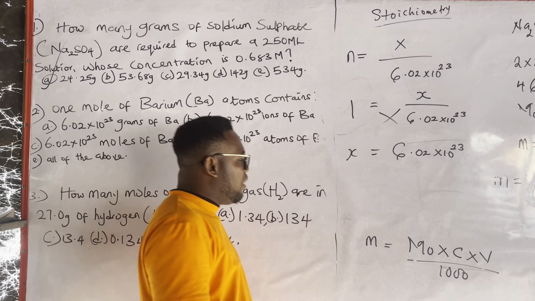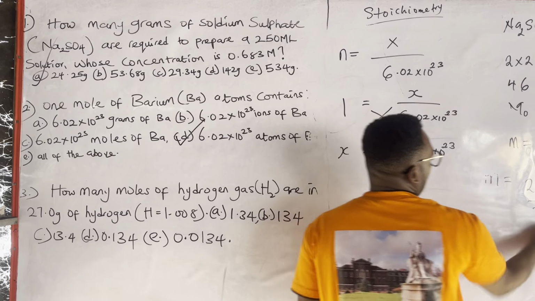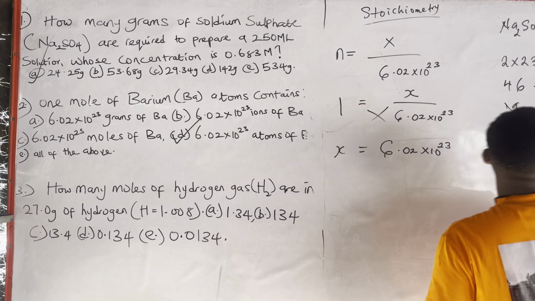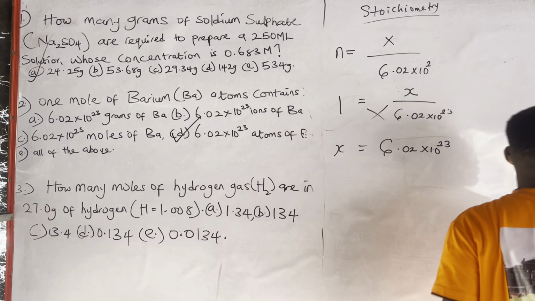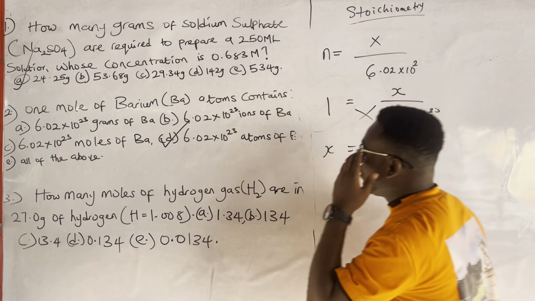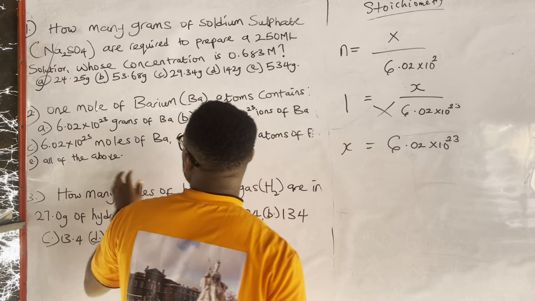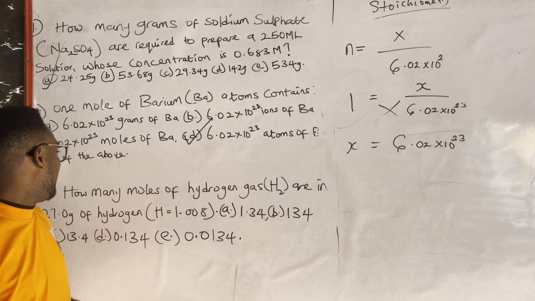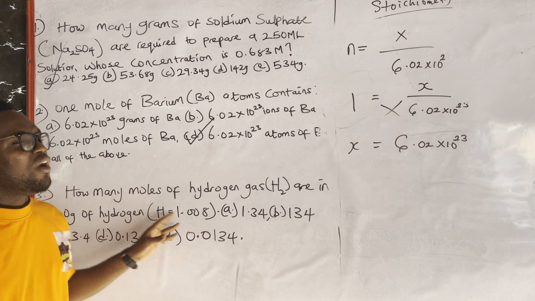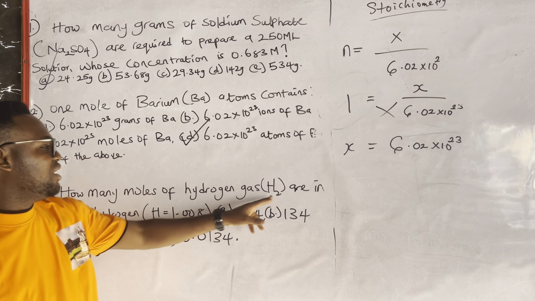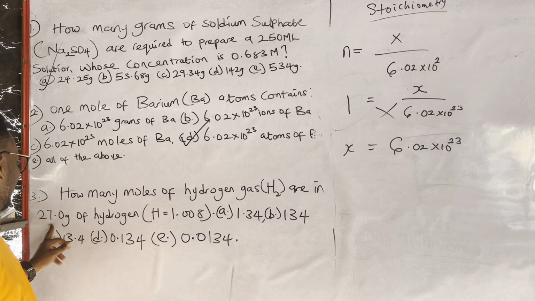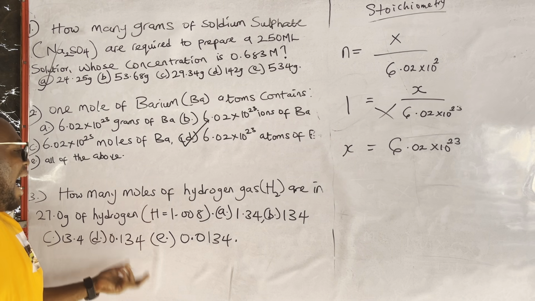All right, moving on. Let's quickly solve question number 3. The question says, how many moles of hydrogen gas are in 27 grams of hydrogen?